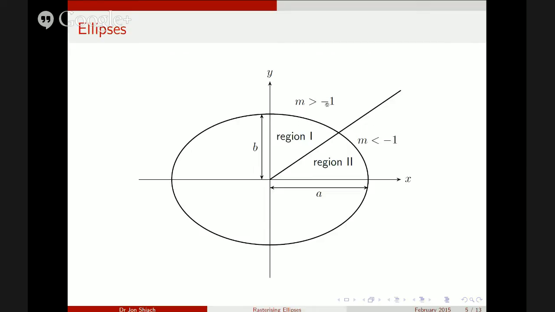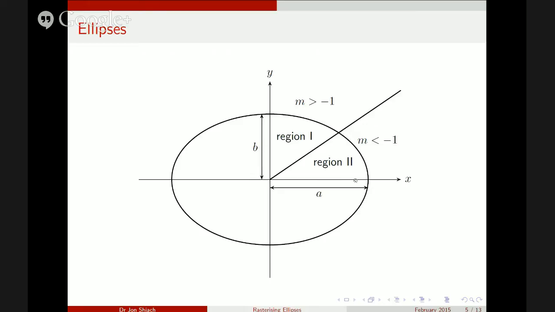It's always greater than -1, so it's what we call a shallow gradient, so we use x as the driving axis in this region. When we get to region 2, we have a steep line, so therefore we use y as the driving axis. So in this first quadrant, I'm going to use x as the driving axis up to this point, and then I'm going to switch and use y as the driving axis to this point.